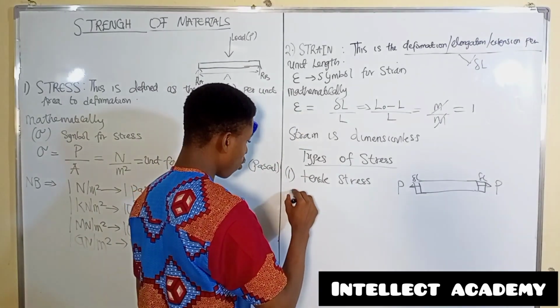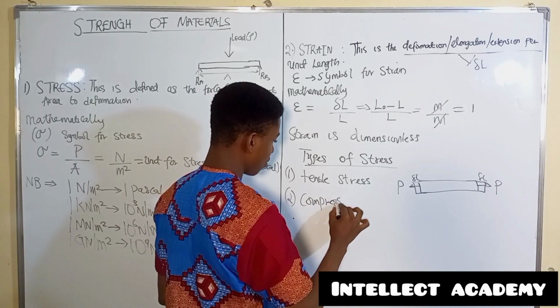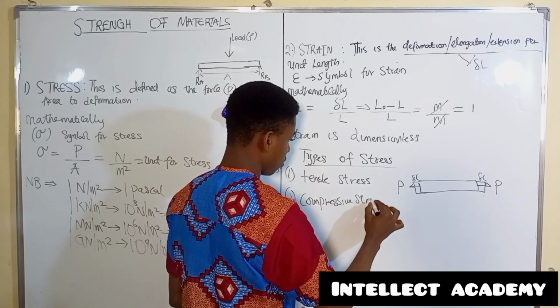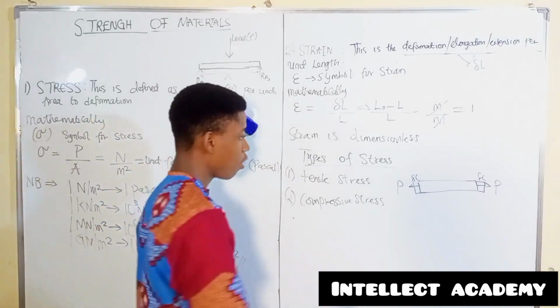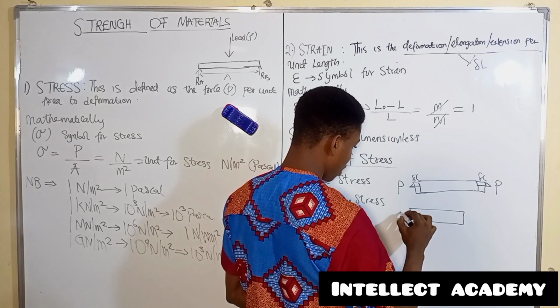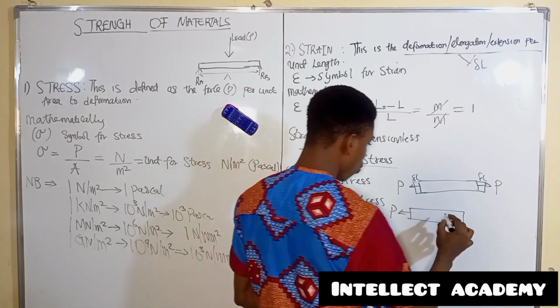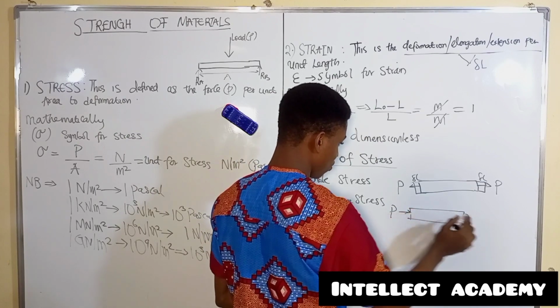Number two, we have a compressive stress. It is the opposite of the tensile stress. Now, in this case, we're having another material where two equal and opposite forces are acting in this direction.